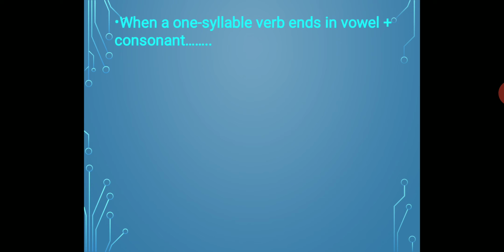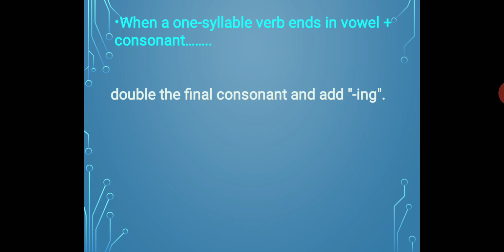The next rule is when a one-syllable verb ends in vowel plus consonant. So what can we do? We double the final consonant and add ing. How to make this kind of verb? Let's see with the example. One syllable means the short verbs which have only one vowel. First example is hit.